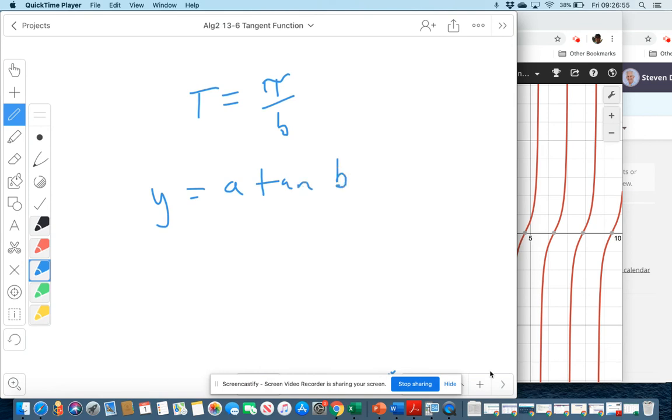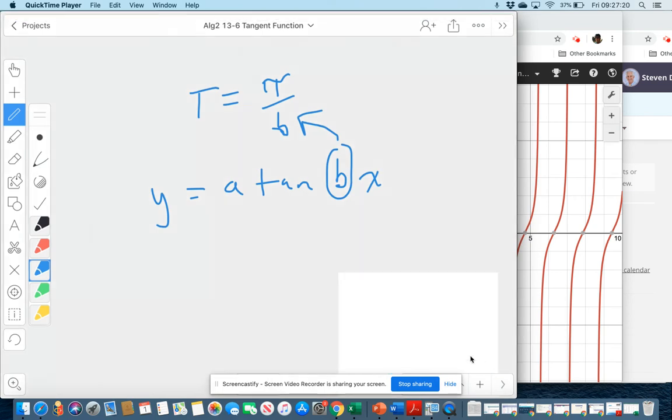And they could use an x here or a theta for the variable. So this b is going to change the frequency and change the period of the function, just like it does in sine and cosine. Okay, the final thing I wanted to look at was the unit circle definitions review.